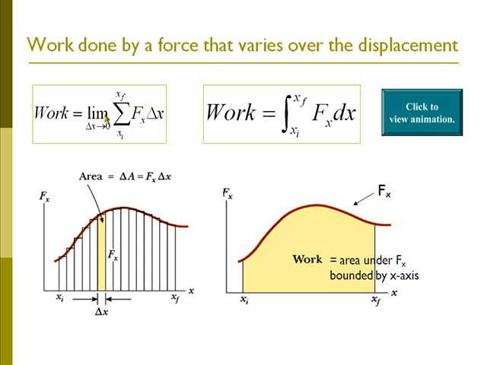And if we shrink delta x down to very small displacements, in the limit that this occurs, we have an infinite sum. We have an integral. An integral is the sum of very many displacements of minute length dx.